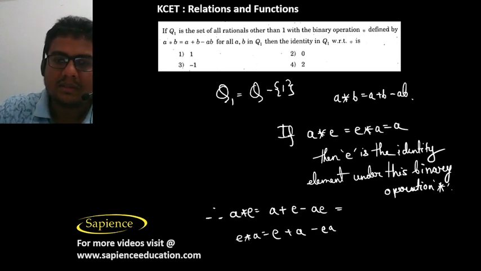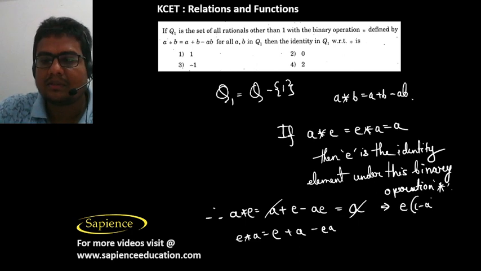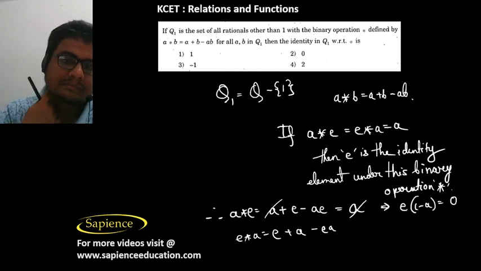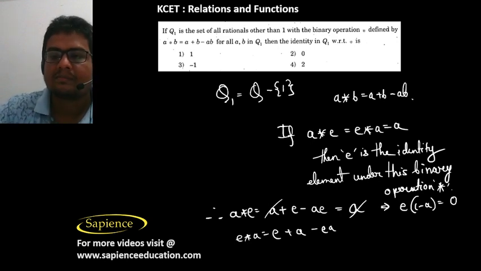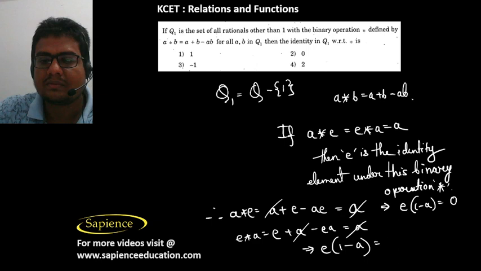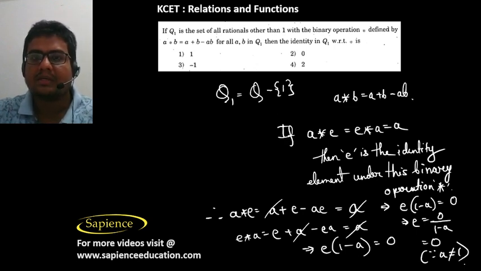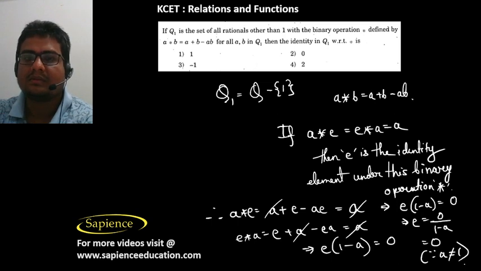So they should be equal to a. a and a will cancel, so then e into 1 minus a is equal to 0. That means e should be equal to 0 by 1 minus a, which is equal to 0 only, since a is not equal to 1. Since here this binary operation is not containing the number 1.